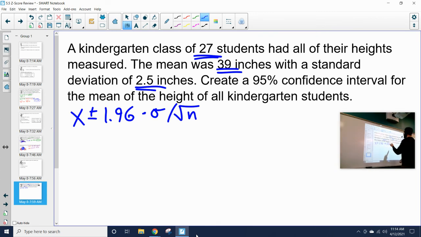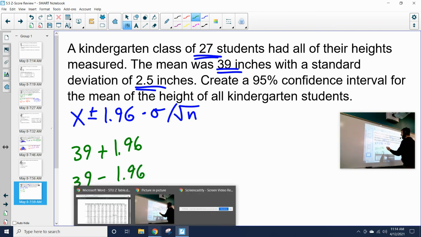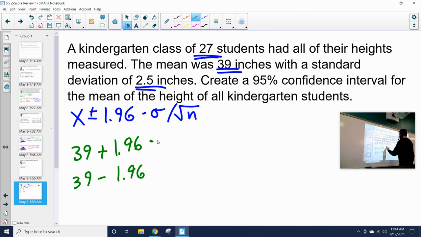All right, so x we know is our sample mean, which we were told was 39 inches. So we're going to do 39 plus 1.96 and 39 minus 1.96. We're getting two results because we're finding between what two numbers this mean is. Times the standard deviation, which is 2.5, and then divided by the square root of the sample size, which is the number of people we tested, in this case 27 students.